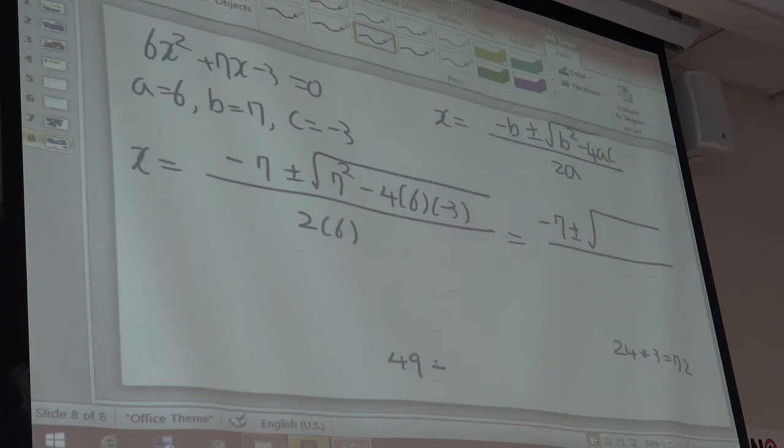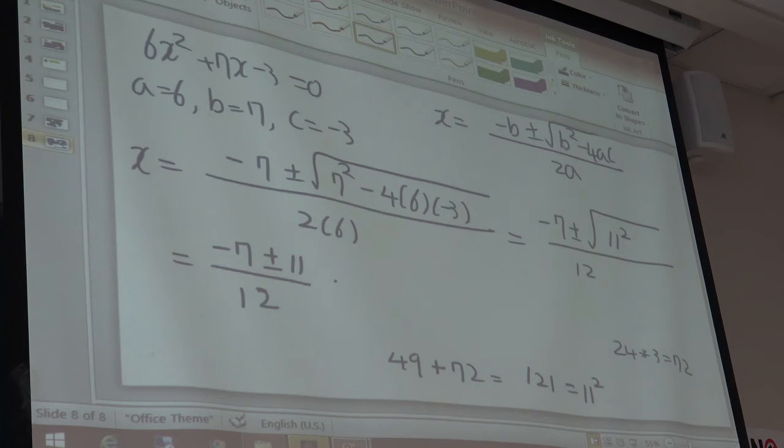So we get plus 72, which is 121, and that is 11 squared, over 12. Then we can remove the square root and the square, so we have negative 7 plus minus 11 over 12.